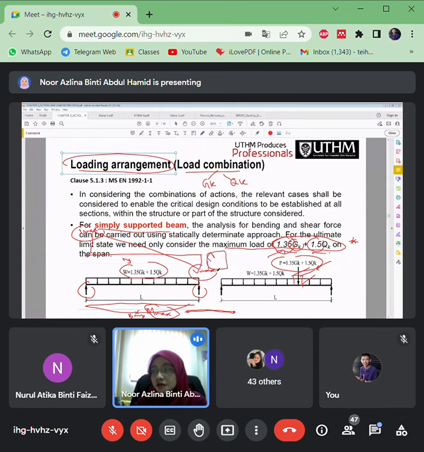So how big or small the value is will affect the numbers of reinforcement and their sizings, their diameter, according to the moment max and also Vmax.